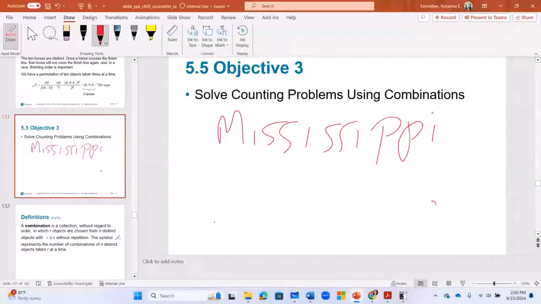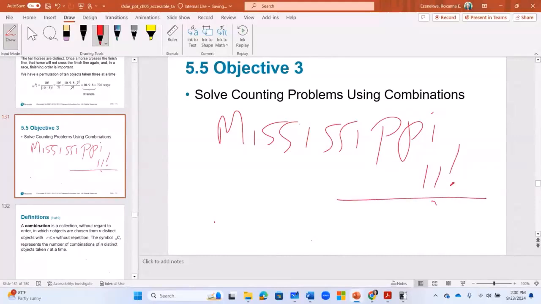Anyway, the most important thing you want to do is count all, what is the sample space? 1, 2, 3, 4, 5, 6, 7, 8, 9, 10, 11. There are 11 letters, they may not be different.